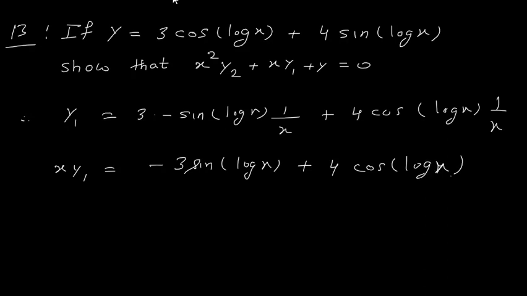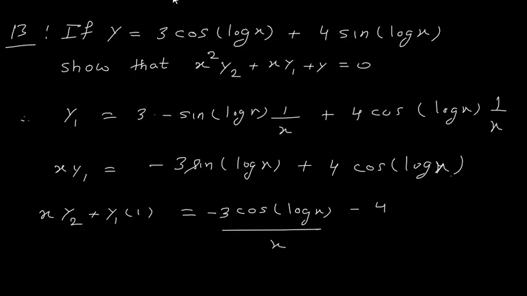Again I will differentiate, so it is x into y2 plus y1 into the derivative of x, which is 1, is equal to, here it is minus 3, the derivative of sin is cos of log x, minus 4, the derivative of cos, divided by x also I will write.